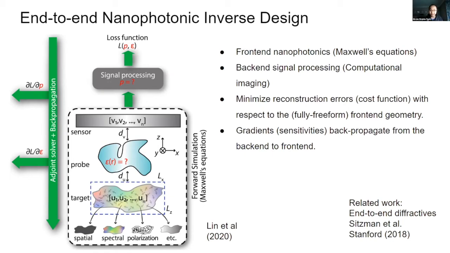We are going to cascade or couple the front and back end in a single pipeline and simulate the entire pipeline from end to end. Then we run the data acquisition process up until the final reconstruction of the data that we want, and we minimize the reconstruction error from the very final output all the way to the parameters of the physical front end.